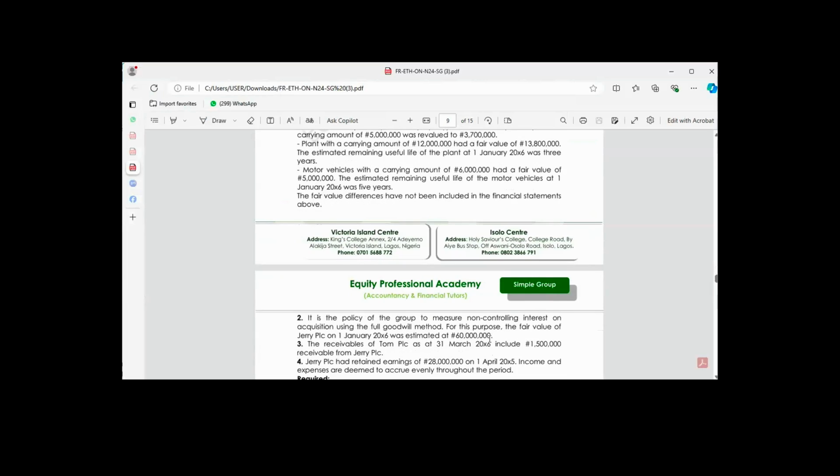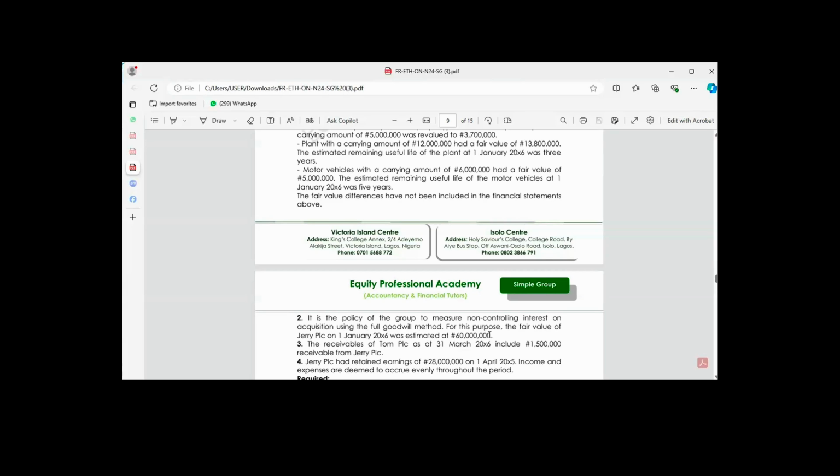Look at it. The fair value of Jerry PLC is 60.